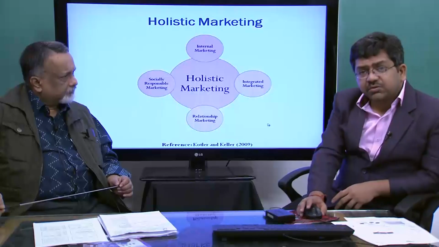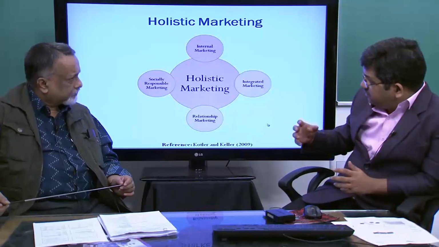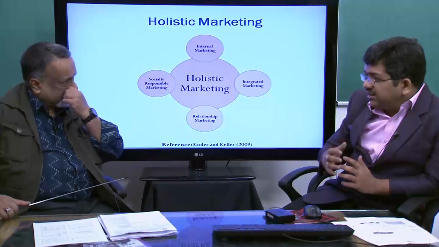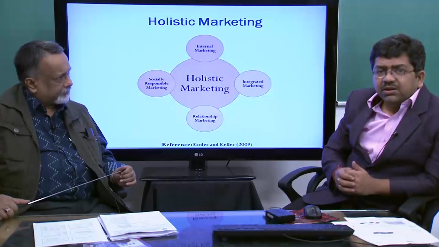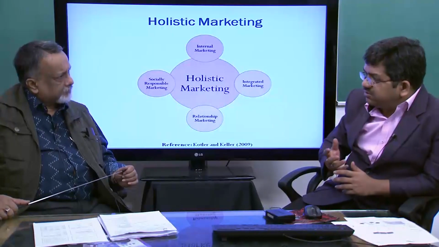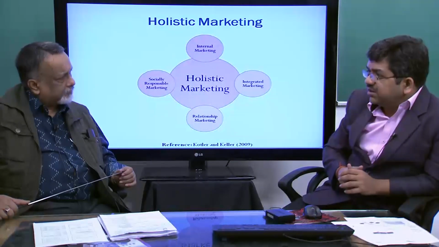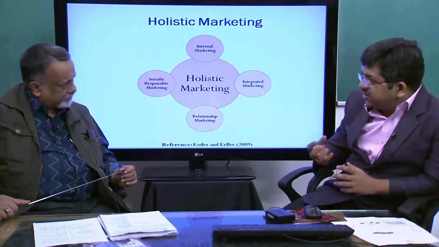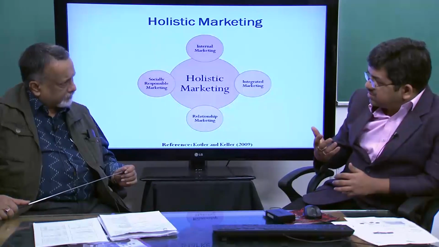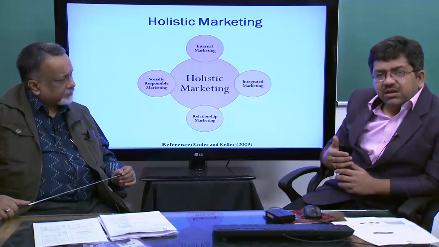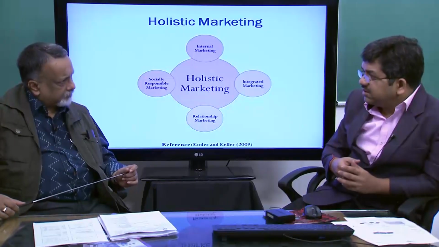So, this was an overview of how current marketing practices have evolved. Now, if you look at the timeline, in the 1950s and 60s, strategic marketing components came into the picture, like marketing mix, market segmentation, product life cycle concept, brand image.